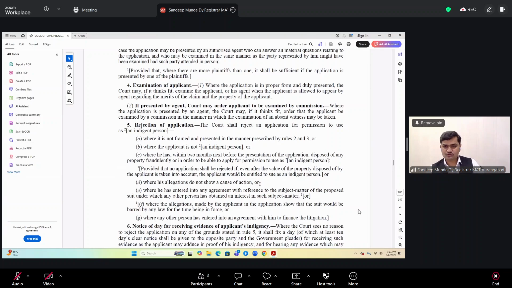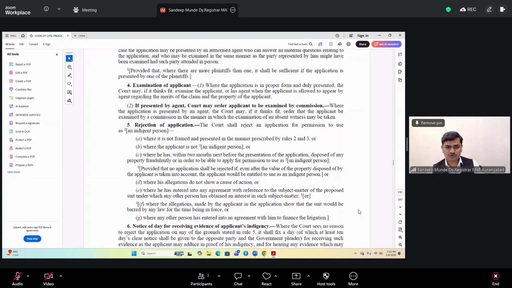Where his allegations do not show a cause of action; where he has entered into an agreement with reference to the subject matter of the proposed suit under which any other person has obtained an interest; where the allegations made by the applicant show that the suit would be barred by any law for the time being in force; and where any other person has entered into an agreement with him to finance the litigation. These are the grounds for rejection of the application to file a suit as an indigent person, which have been given under Rule 5.